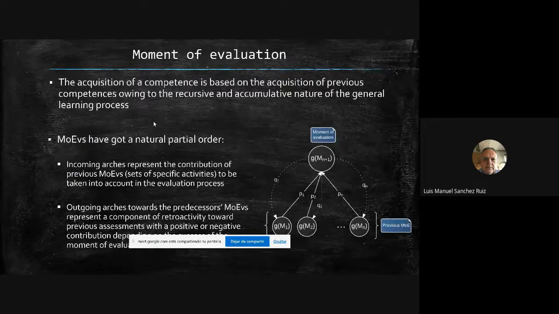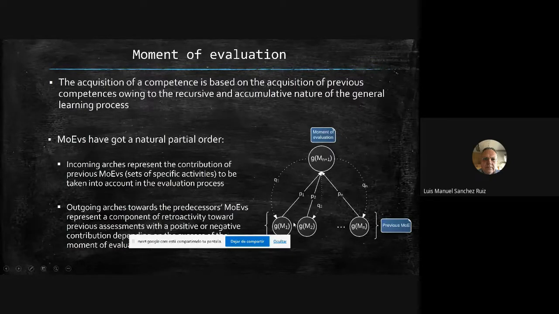And for that reason, we thought that the moments of evaluation should not be considered independently. Each time that you are doing this, and this has mostly to do with the relevant moments of evaluation, they are based on the previous moments of evaluation or the previous actions they have been doing.